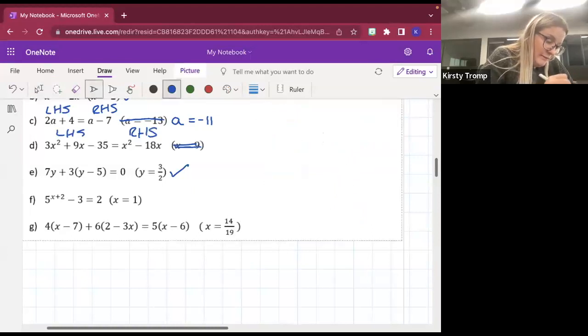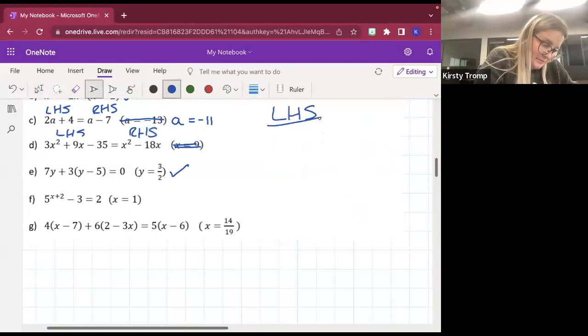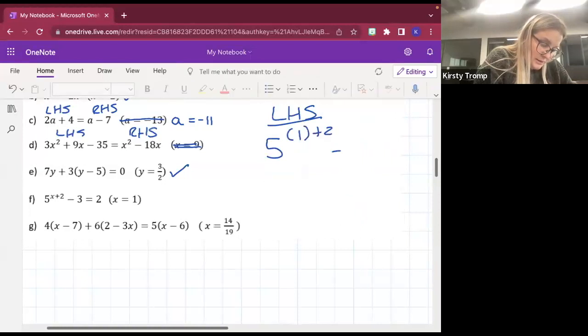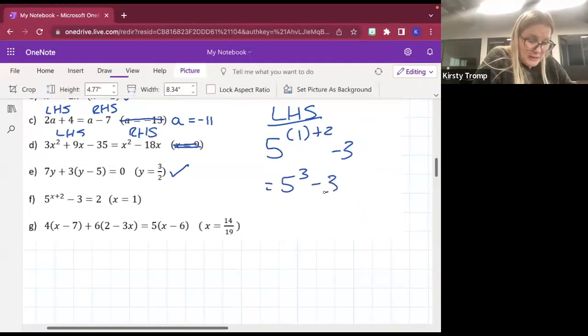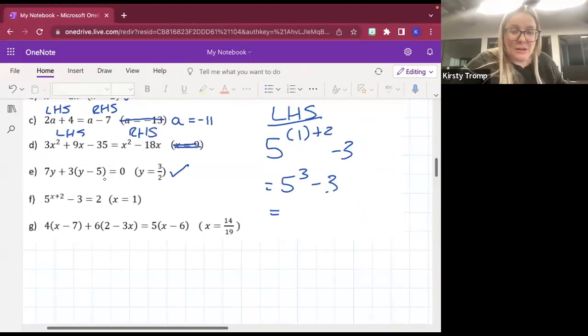For F, I've got an exponent here. On my left-hand side, I've got 5 to the power of 1 plus 2 minus 3. 1 plus 2 gives me 3, so I've got 5 to the power of 3 minus 3. Who can tell me in the chat, what did you get on your calculator for 5 to the power of 3 minus 3?